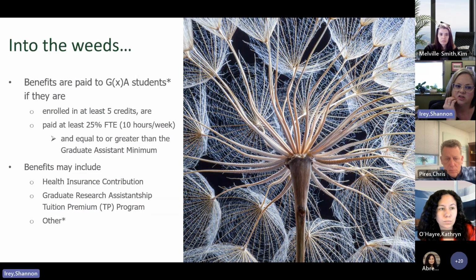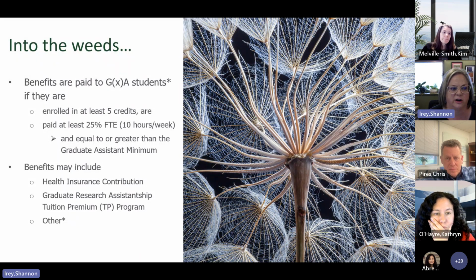Okay. So getting into the weeds just a little bit on this. We also are paying benefits, and I put the X in the middle of that because we're paying it on more than just GRAs, but again, our focus is GRAs. But benefits are paid to these students if they're enrolled in at least 5 credits, and that they're paid at least 25% FTE, 10 hours a week, which has to be equal or greater than the graduate assistant minimum.